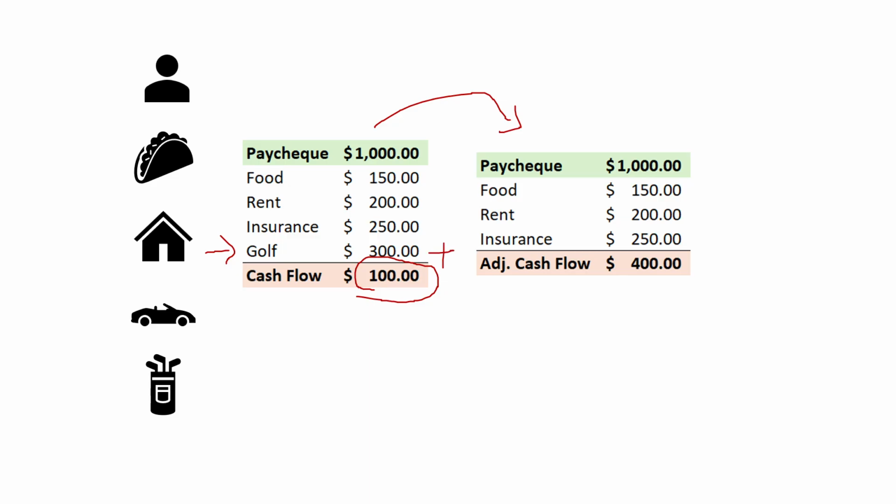We add this expense back to the cash flow, 300 plus 100, and we get back to this adjusted cash flow number. Hopefully you're having a mini breakthrough and you realize that that's really what EBITDA is doing. Okay, so let's wrap it up in the next slide.